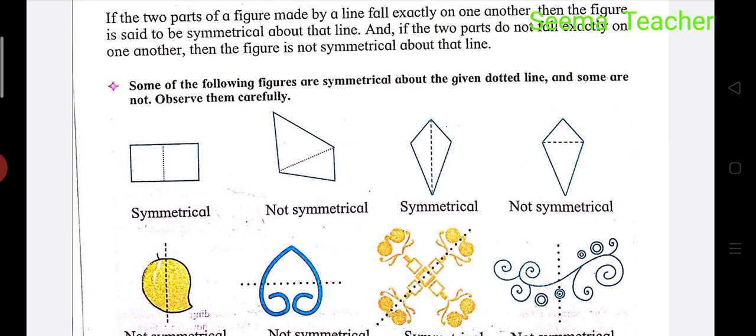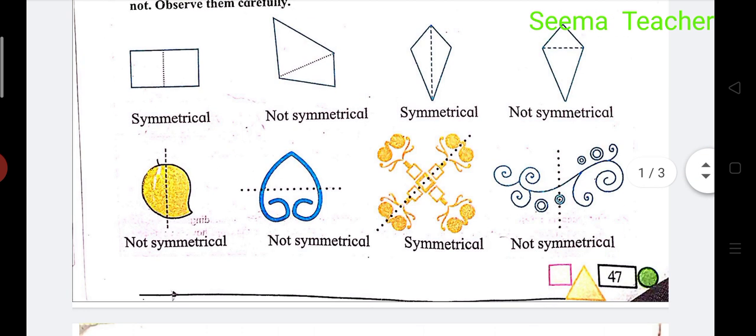This cone is not symmetrical because it does not have a line of symmetry. Now look at the picture of the mango. We can't fold the mango symmetrically because it is not symmetrical.